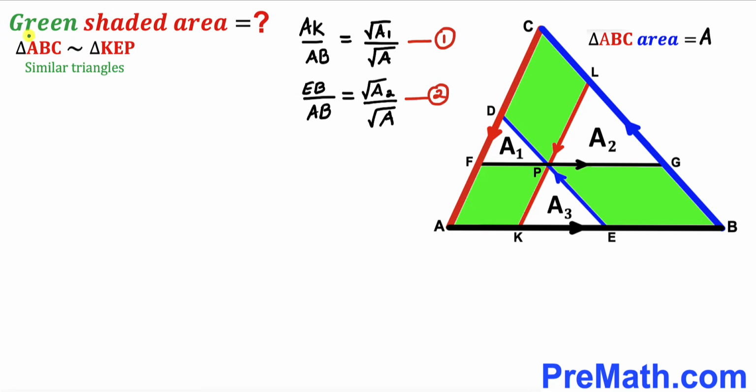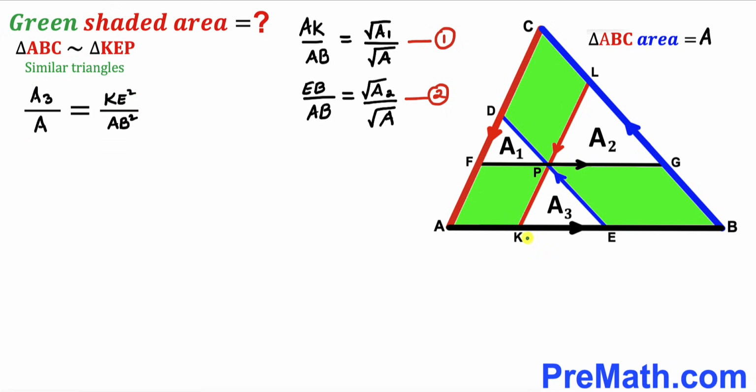And finally we can see the big triangle ABC is similar to triangle KEP as well. And here's our triangle KEP, whose area is A sub 3. So therefore we can write the ratio of their areas, A sub 3 and A, equals KE squared divided by AB squared.